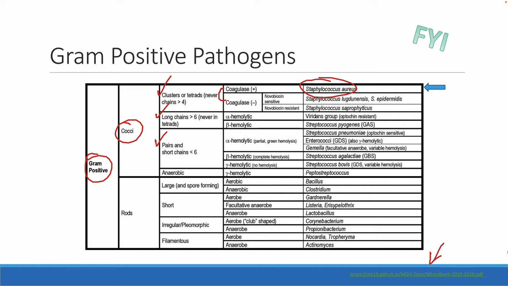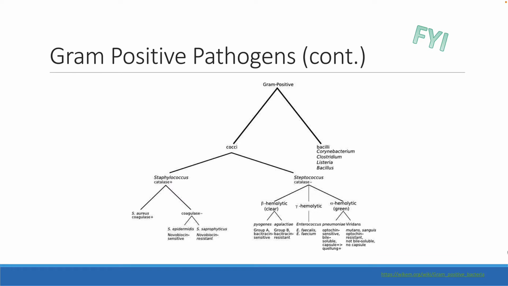So gram-positive rods, you can see, can indicate Clostridium, Listeria, and other bacteria. Okay, there are several methods of looking at this. One way to do it is with this descending tree. We start with gram-positive, and we see that there are cocci.